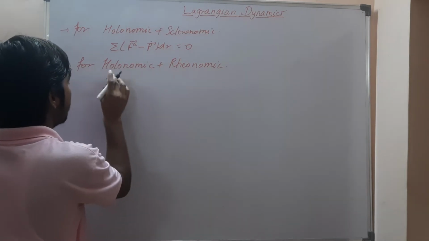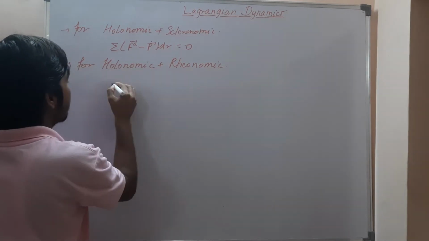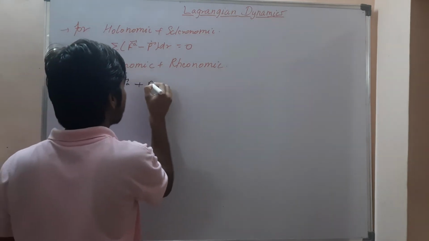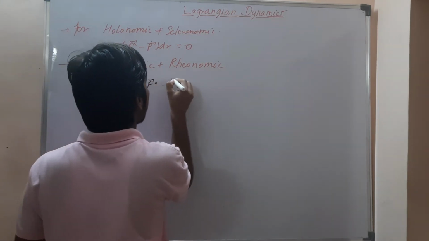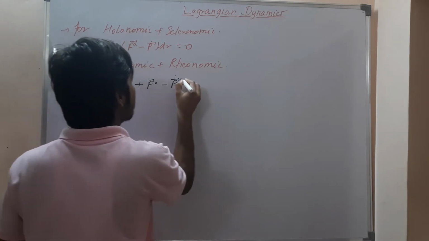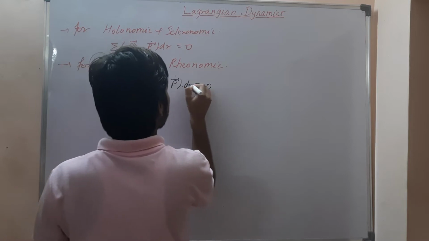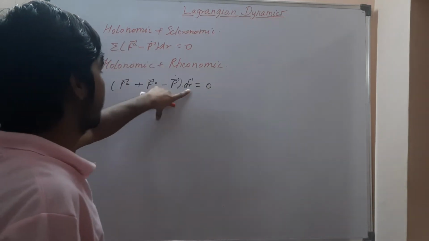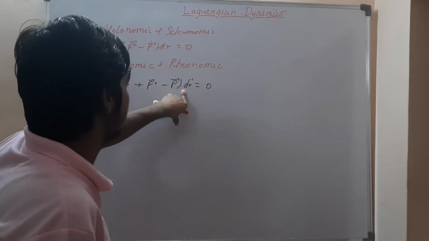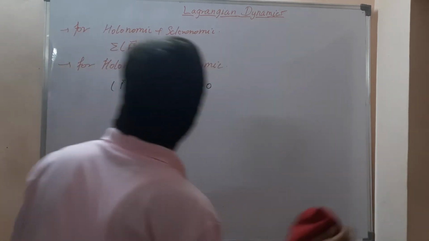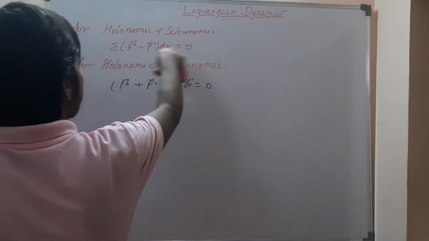Then we have a formula like: applied force plus force of constraint, dot dr, is equal to 0. And if we took the dr, then the angle between the force of constraint and dr was not equal to 90 degrees, so we could not remove it.